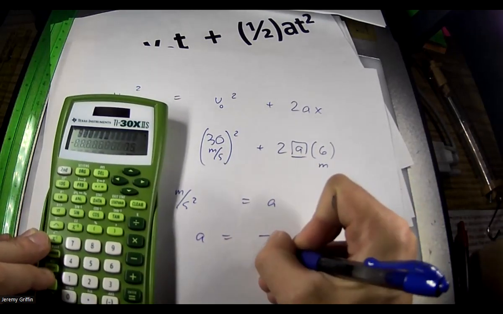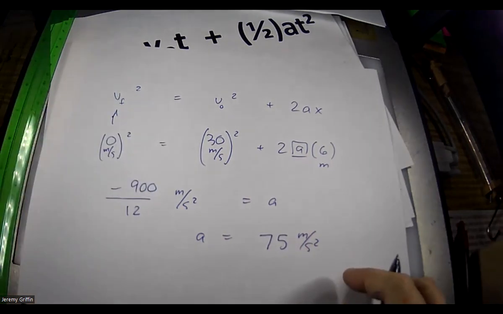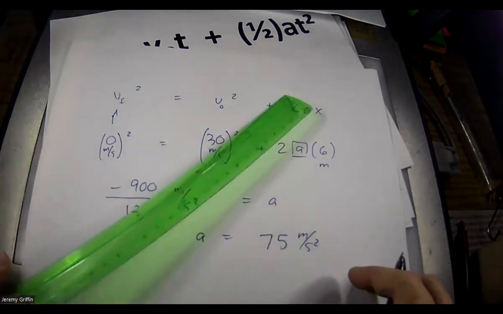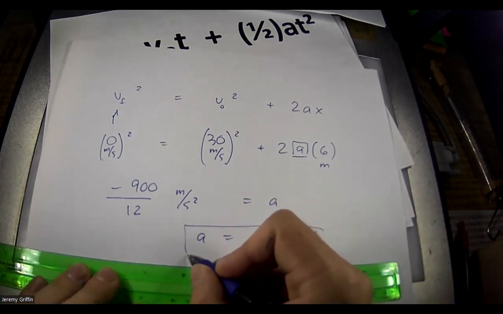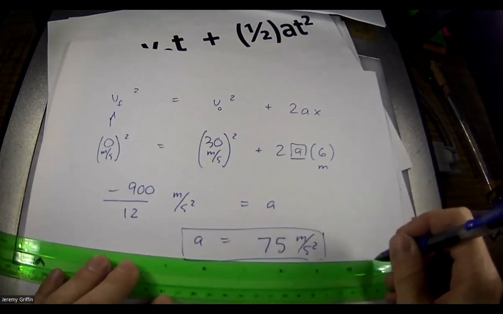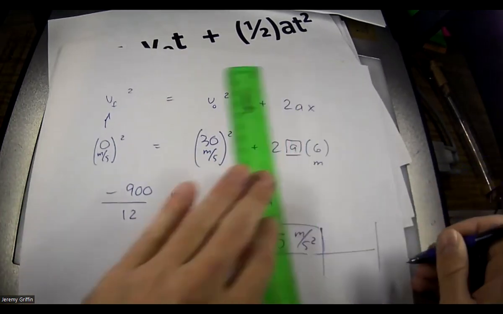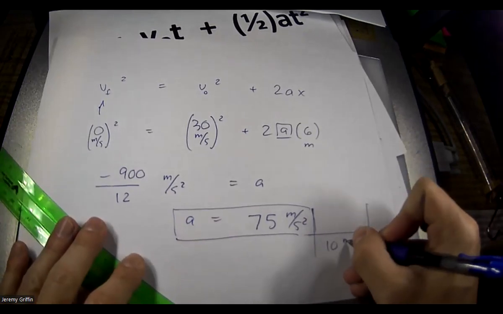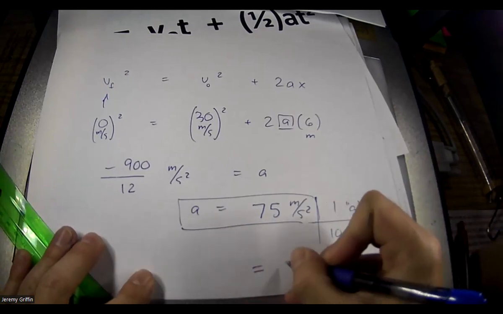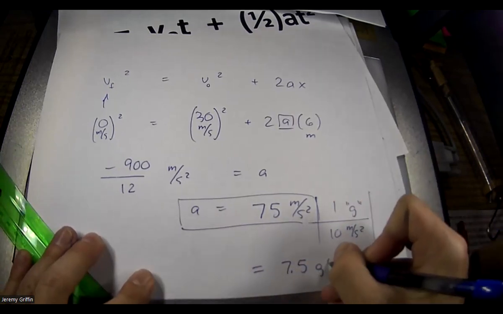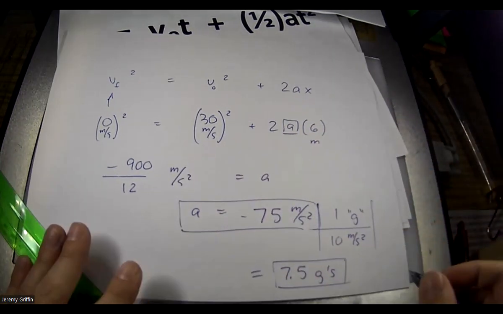I'm looking at 75 meters per second squared. Let's put that in: how many G's is that? About 10 meters per second squared per 1 G. Is that about 7.5 G's? The number's negative too, but the magnitude would be about that, right?